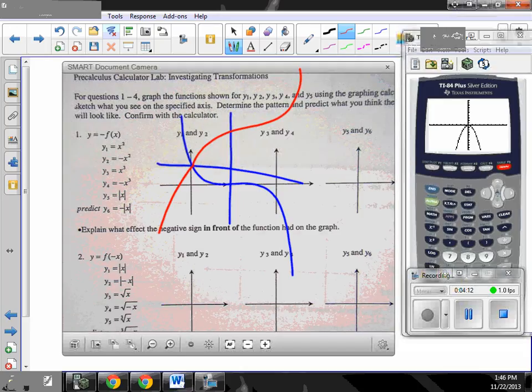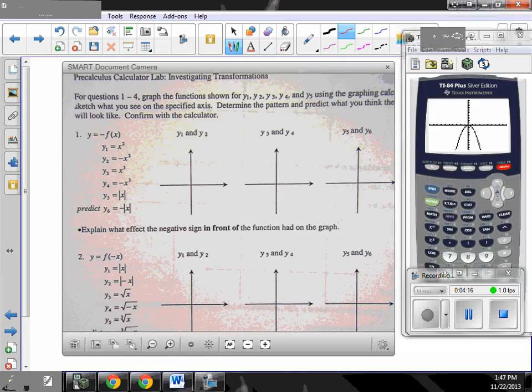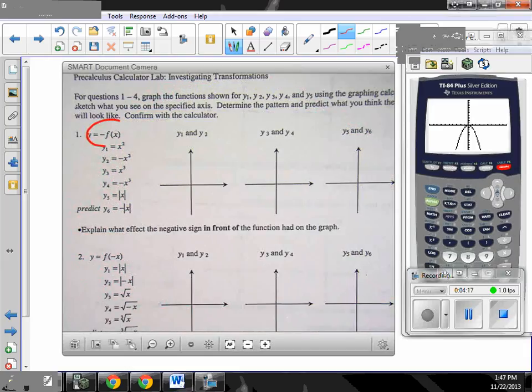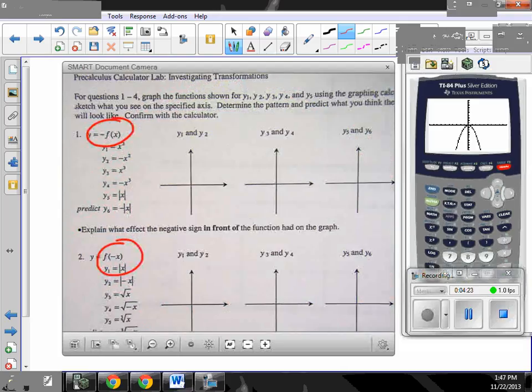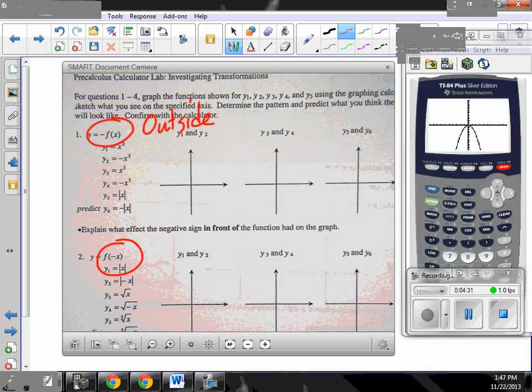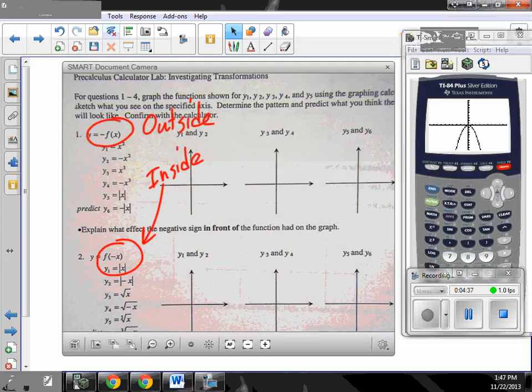Okay? Now, number 2 is a little bit tricky. Do you see a difference between f of x and f of negative x? Well, so the first one is outside, and the second one is inside. So notice parenthesis or absolute value of x and absolute value of negative x.